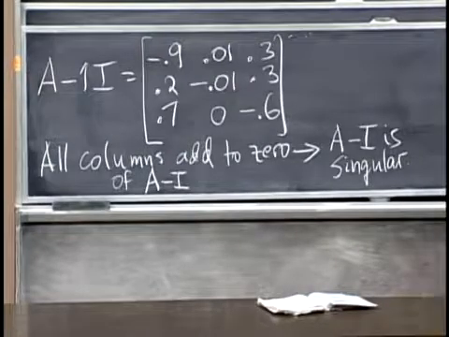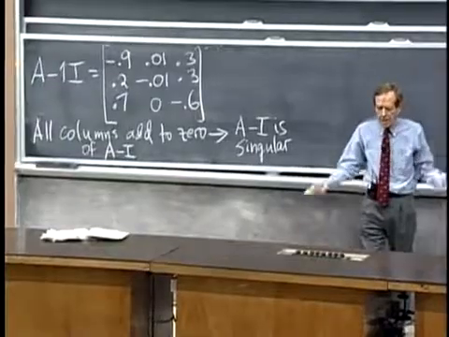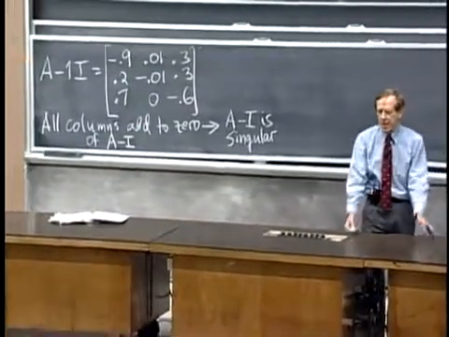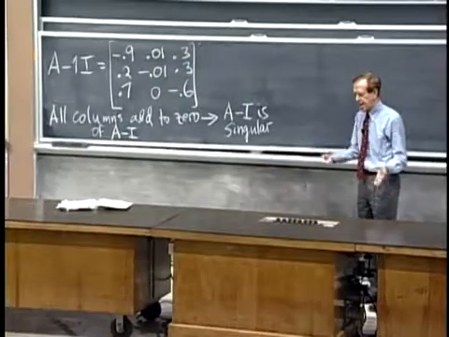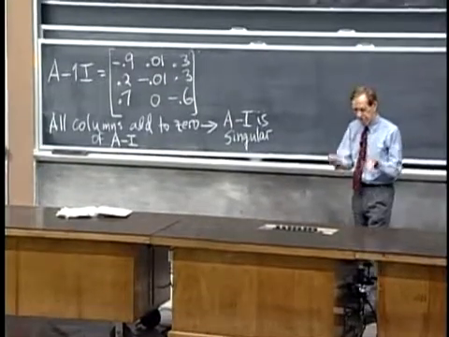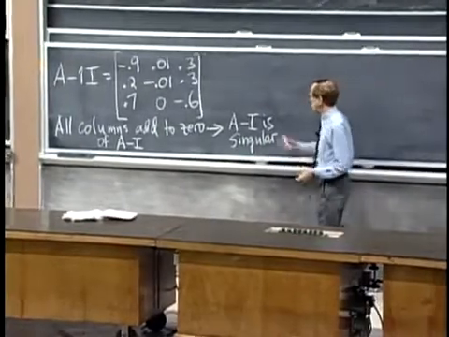Okay. Why? That could be a sort of theoretical quiz question. If I give you a matrix and I tell you all its columns add to 0, give me a reason, because it is true, that the matrix is singular.